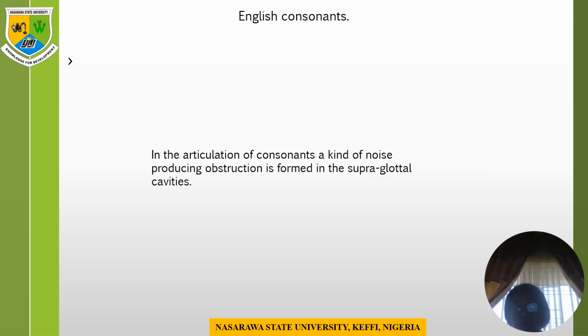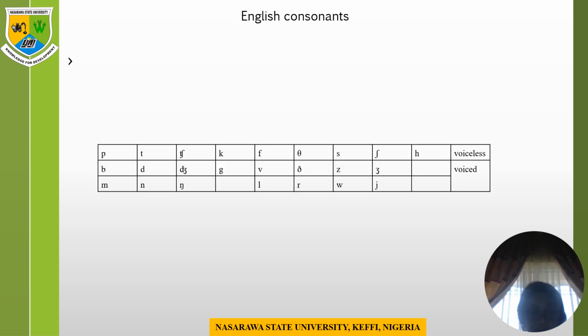In the articulation of consonants, a kind of noise producing obstruction is formed in the supraglottal cavities. In this table, we have the English consonants. The first line contains the voiceless ones, starting with p, t, ch, k, f, s, sh, h.